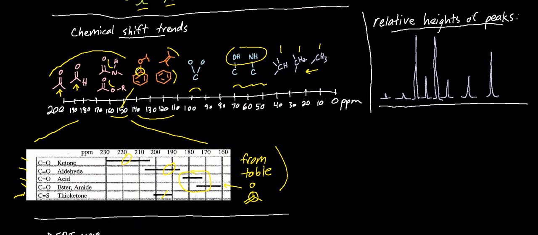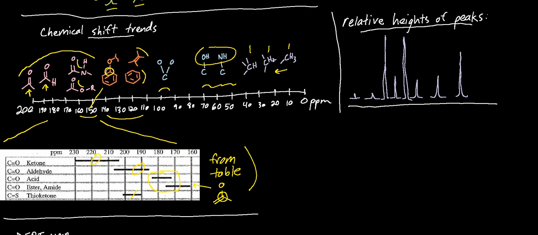Over here on the right, we have a few other hand-waving little things. So the relative height of peaks, for example, a methyl here is going to be a little bit taller. They seem to absorb, just resonate a little bit stronger. Your average sort of peaks are here.